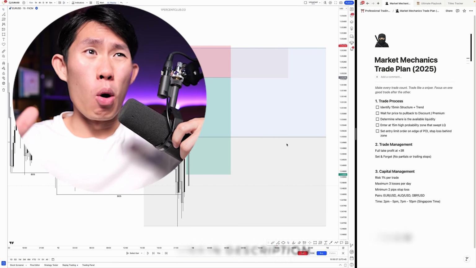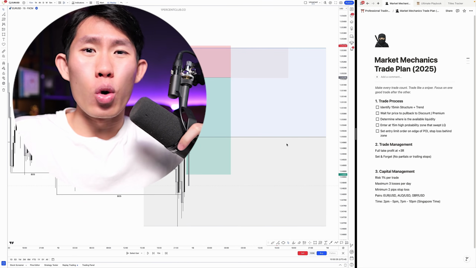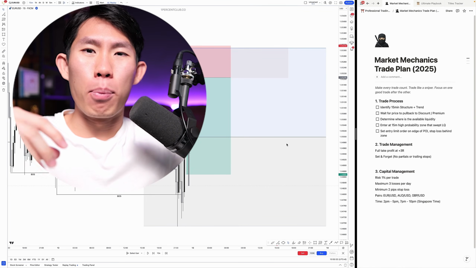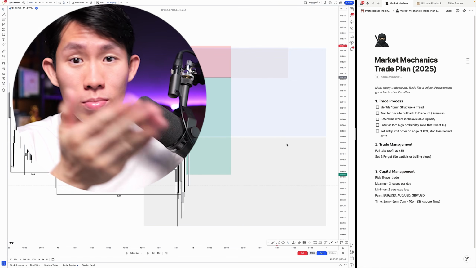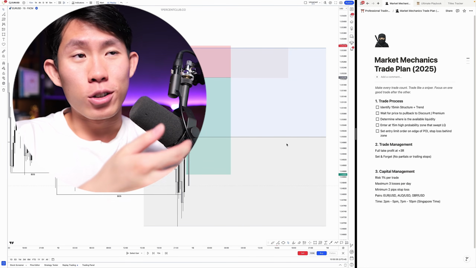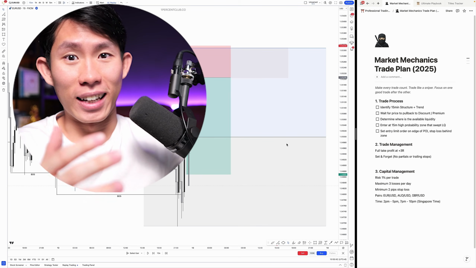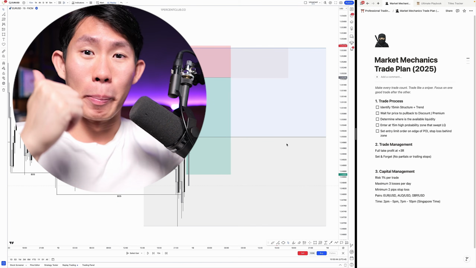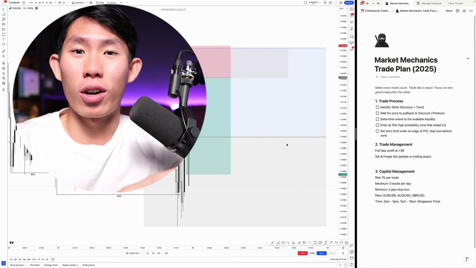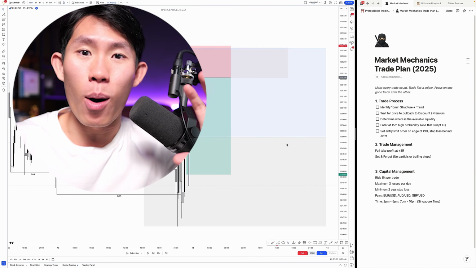So yeah, for those brokies who think that market mechanics don't work, or that market mechanics is just a random trading strategy that I put out of my ass, I'm never gonna say anything. Just look at this. Once again guys, this strategy has been back tested, forward tested multiple times. It's not some random trading strategy that I found online.